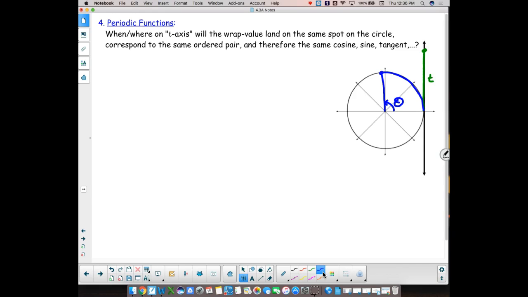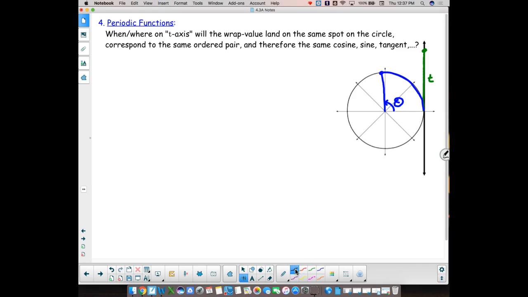What if, instead of adding 2 pi to pi over 3, I subtract 2 pi? Does that make sense? Can I subtract 2 pi? So instead of going this way around the circle, if I subtract 2 pi, which way am I going? Going clockwise around the circle. As long as I go a full, complete lap, I'm okay.